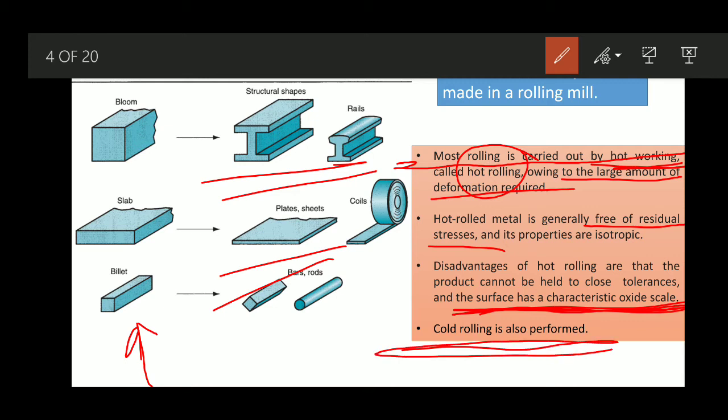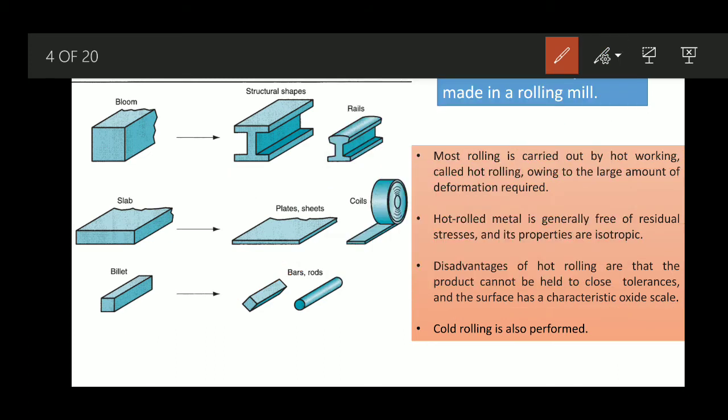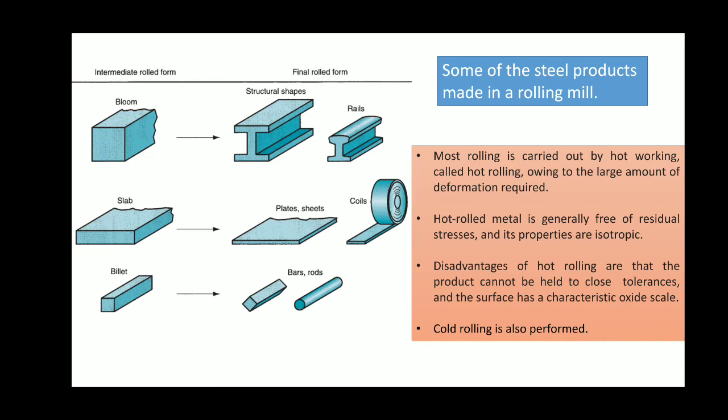In most cases, in cold rolling we start from a particular shape already obtained and work to achieve the final shape. In cold rolling, some of the disadvantages of hot rolling are eliminated. For example, the surface finish achieved in cold rolling is better compared to hot rolling. So this is about the different parts manufactured by the cold rolling process.